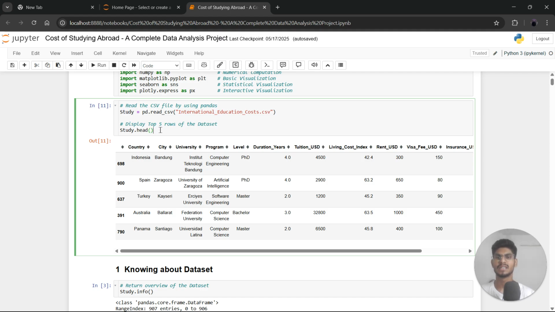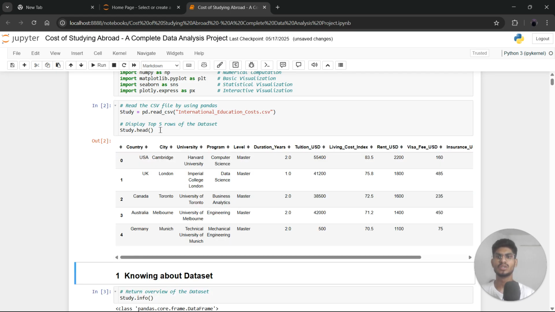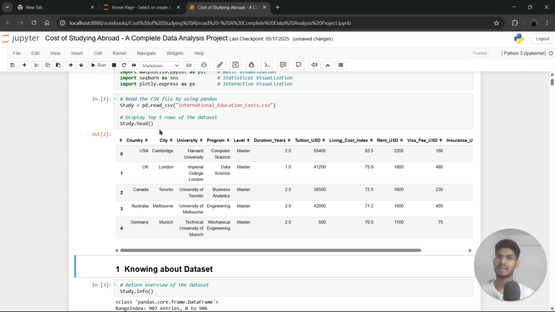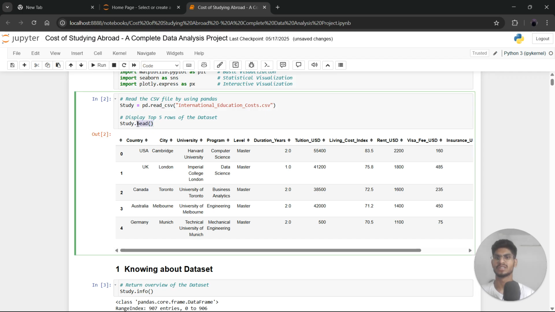Now we will use study.head, which is used to print the top 5 rows from the dataset. Maybe there are thousands of rows, 2000, 10,000, 20,000, nobody knows in the beginning. So we will get an overview of what kind of data we have in our dataset by using this head function.